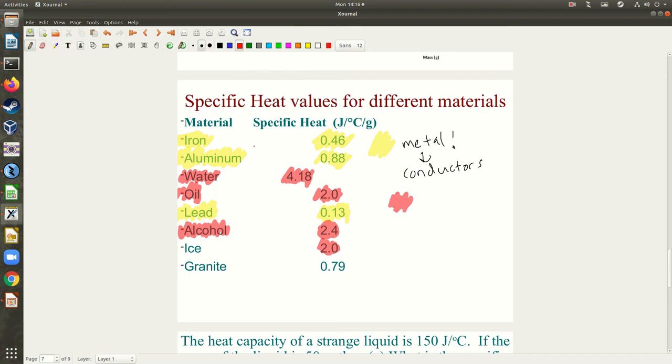These are your insulators, and I need to be black. There we go. These are your insulators. Your insulators generally take a lot of energy to heat up or cool down. Water is particularly a good insulator.